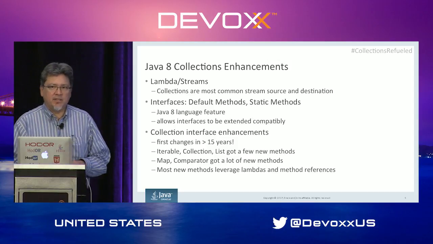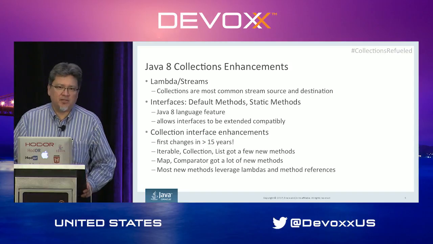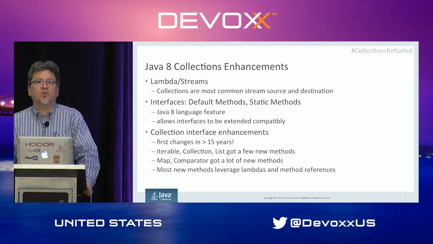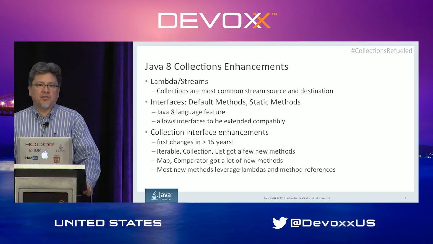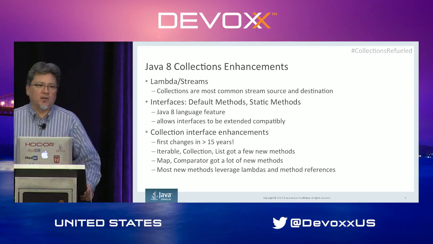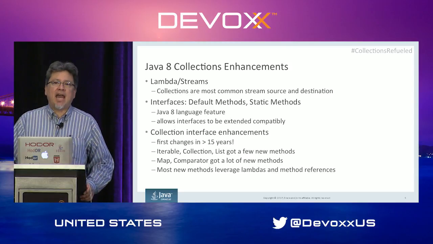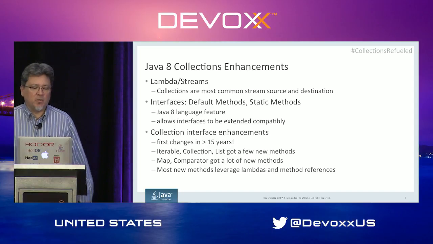What we did was, for the first time ever in 15 years, we actually added methods to the collections interfaces. That was the big deal about default methods. Prior to default methods, you could not compatibly add methods to an interface; otherwise, it would be an incompatibility.